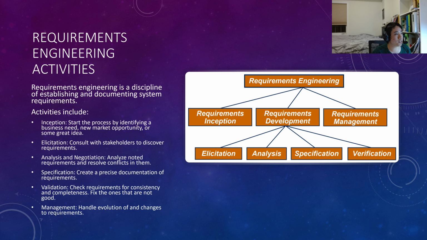So there are different activities that we do in requirements engineering. We start with inception, taking a look at whether there is a new business need or a new opportunity to create new projects and so on. And then we deal with the development of the requirements. That involves elicitation, analysis, specification, and then verification.